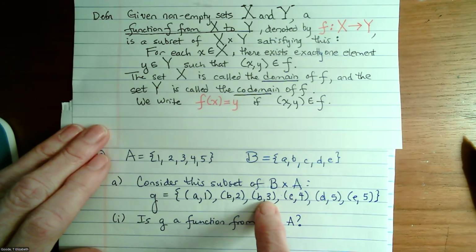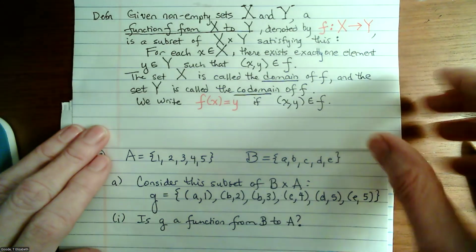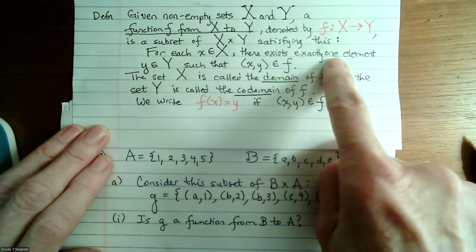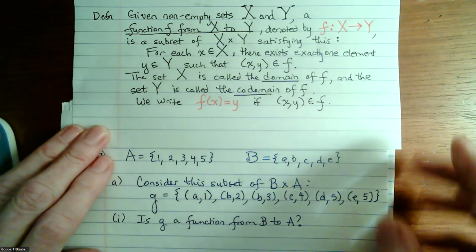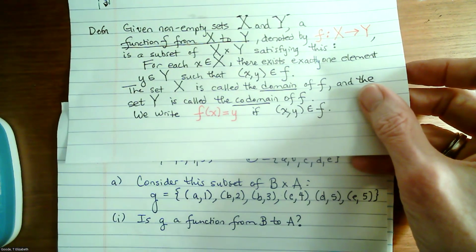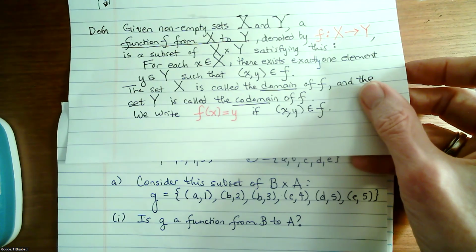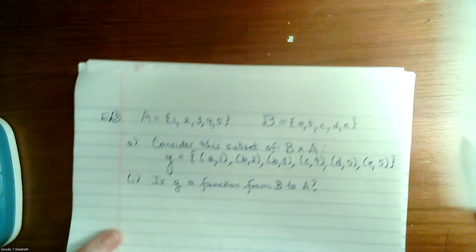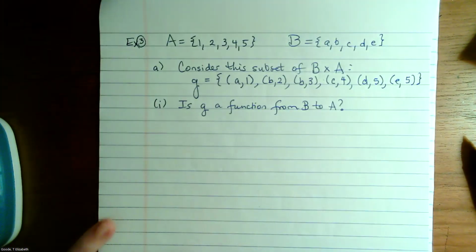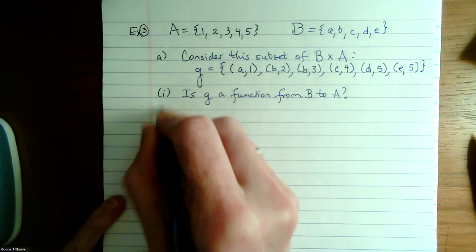That definitely violates the definition of function. For each element of the domain, there has to exist exactly one element of the codomain that it pairs up with. So the correct answer is no.